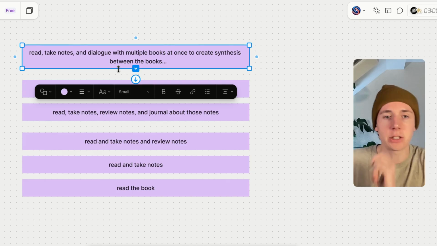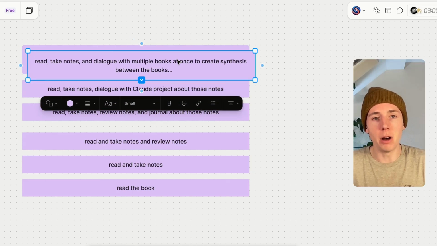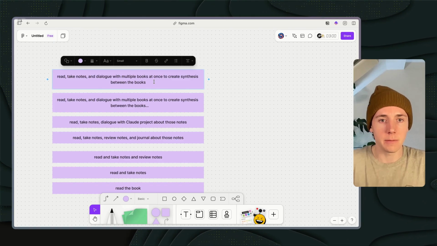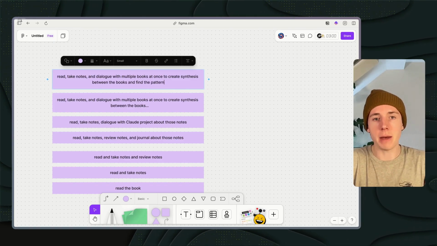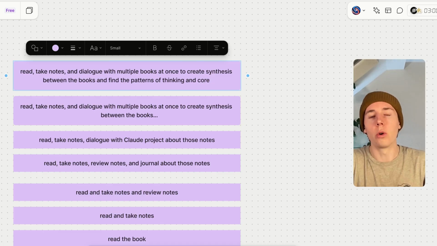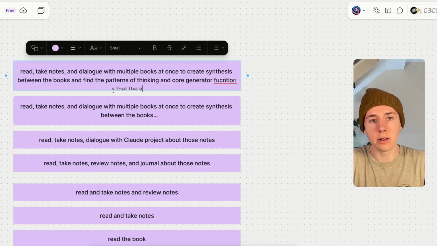And then above this, we could say find the patterns of thinking and core generator functions that the authors were writing from.